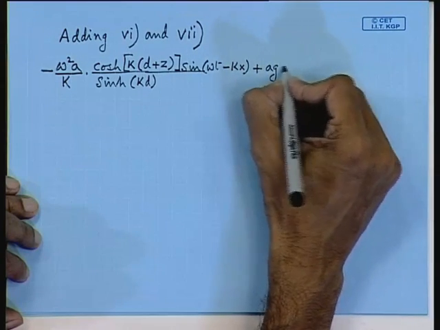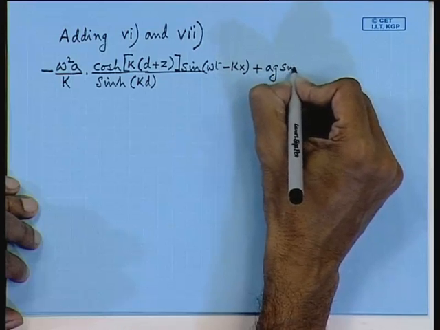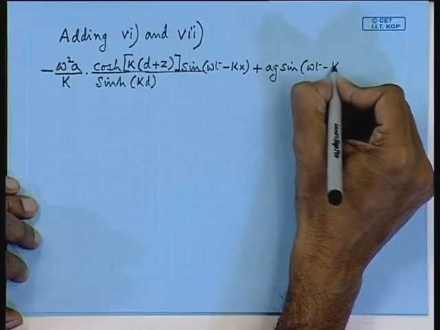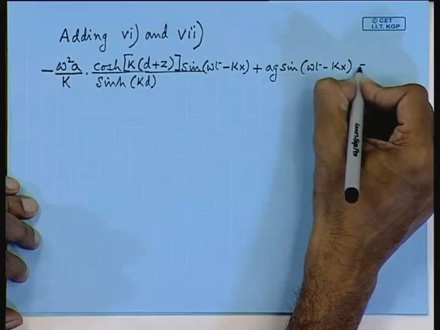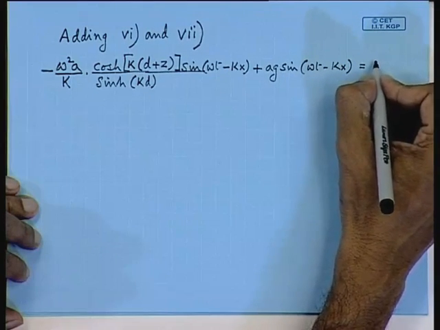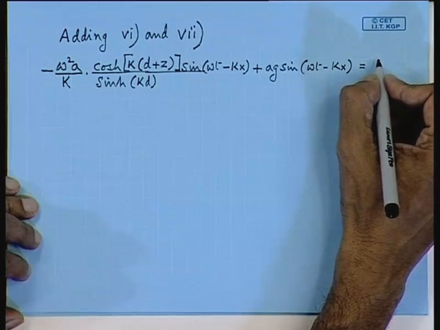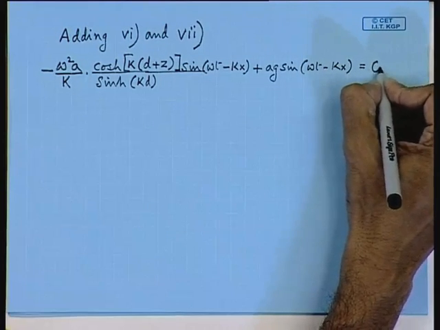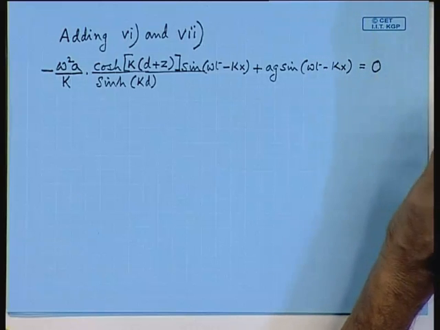The sine of omega t minus k x you can drop off, and you can drop off A also. So this is equal to 0.